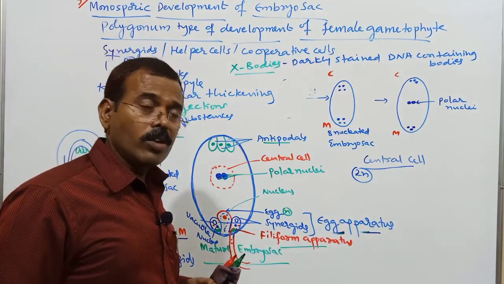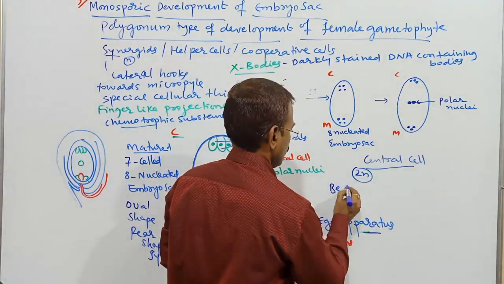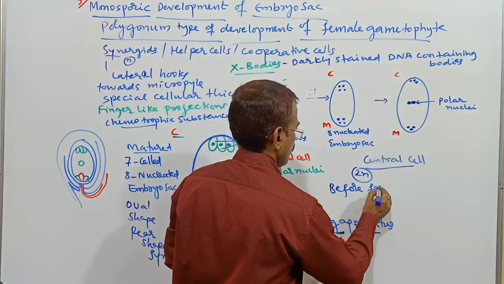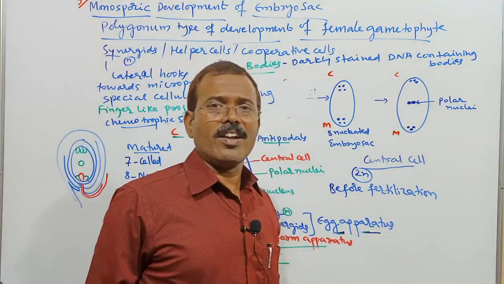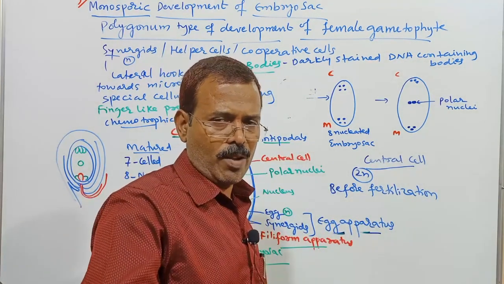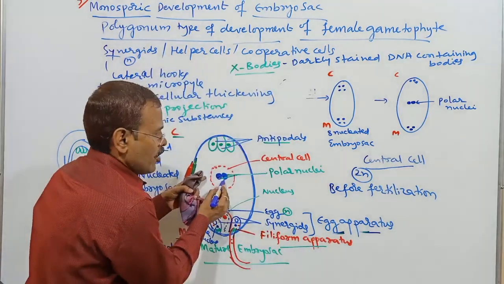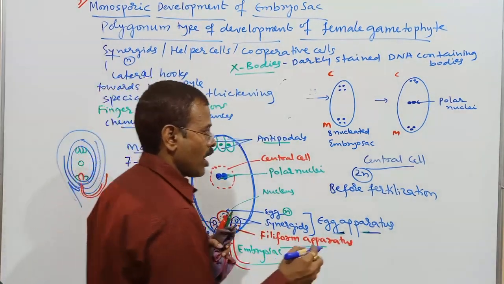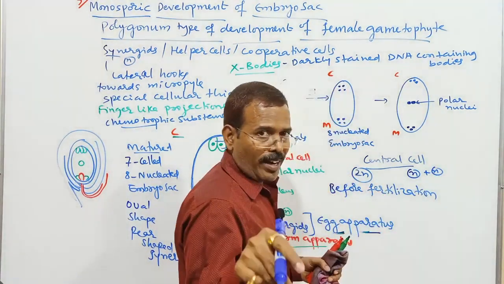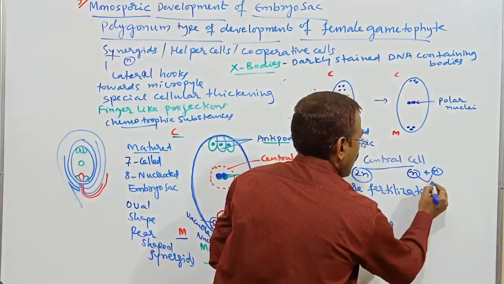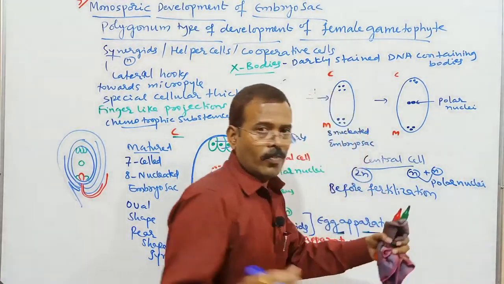That is because just before fertilization, that is, the fusion of the male gamete with the female gamete, the two polar nuclei, both haploid, fuse.